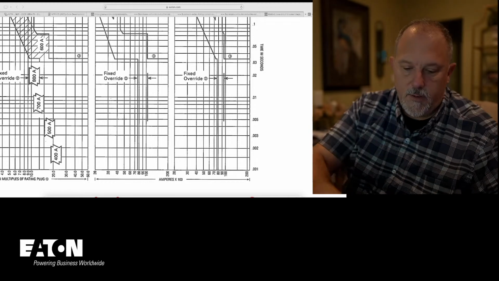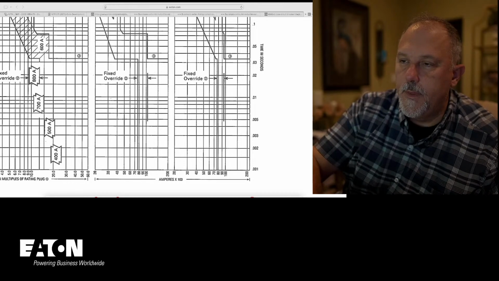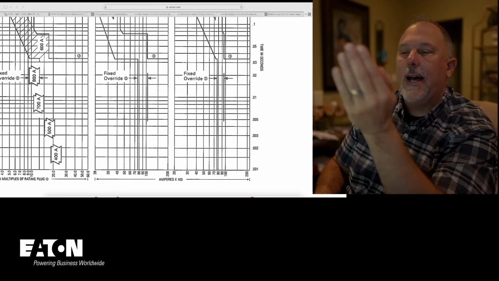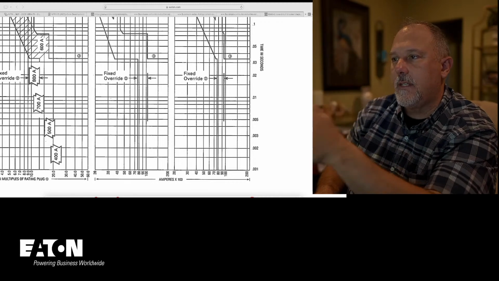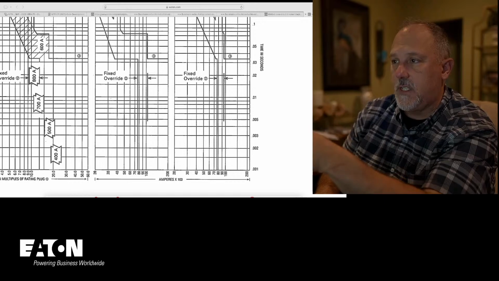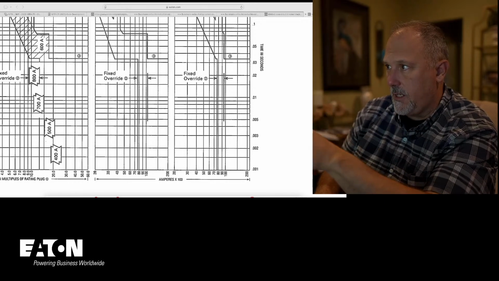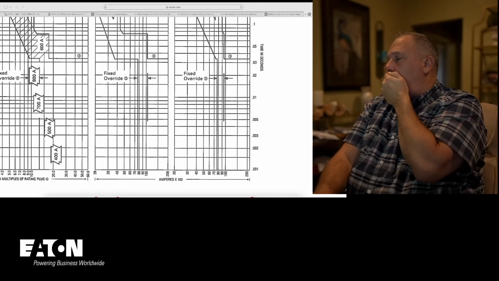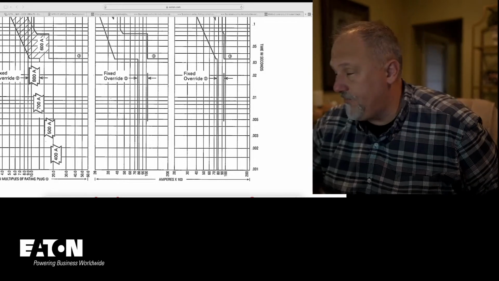So my clearing time here is 0.3. So at the higher arcing current, my incident energy is 6.456. At the lower arcing current, my energy is 7.152. Make sense?